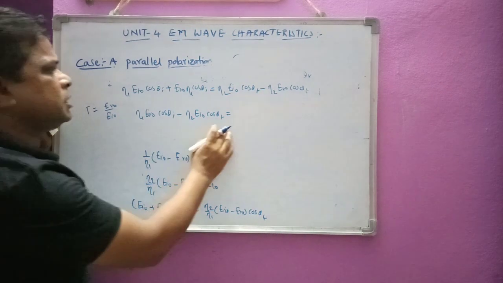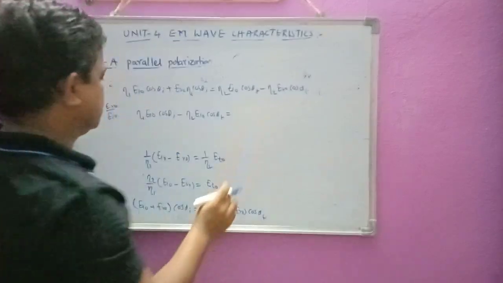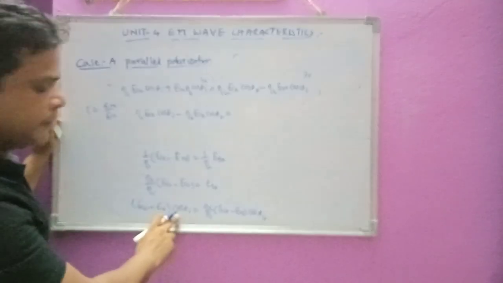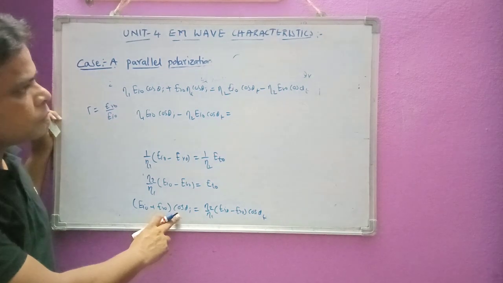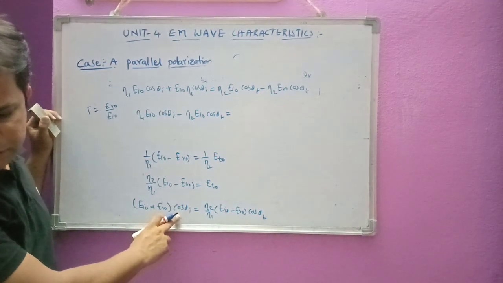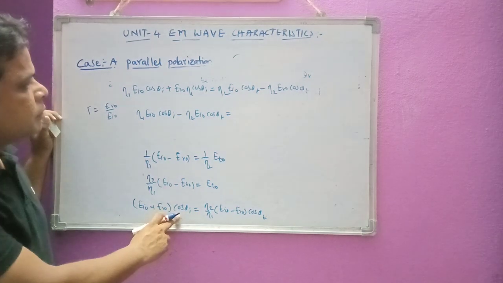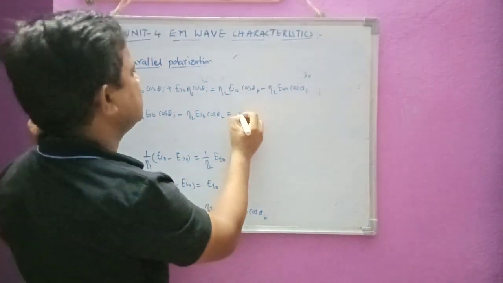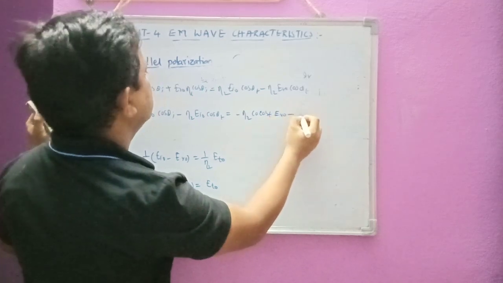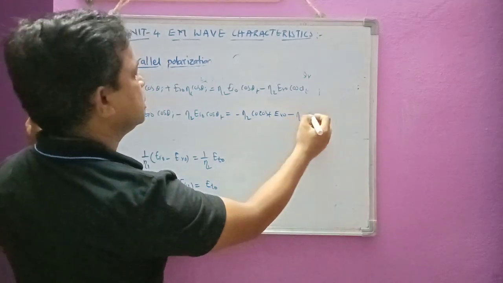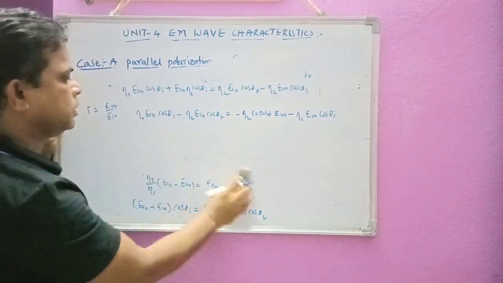After substituting these equations, I get the equation here: minus eta 2 cos theta t into ER0 minus eta 1 ER0 cos theta I. Now I have to take the common terms here.